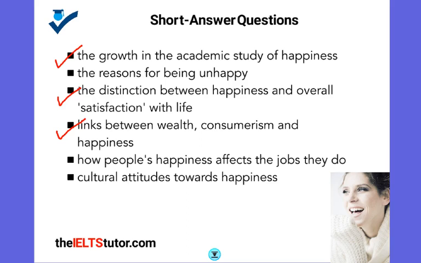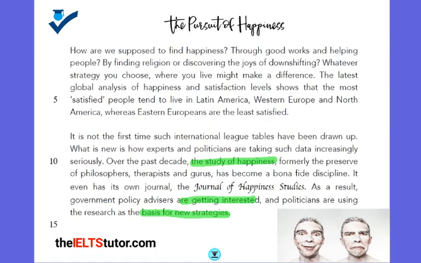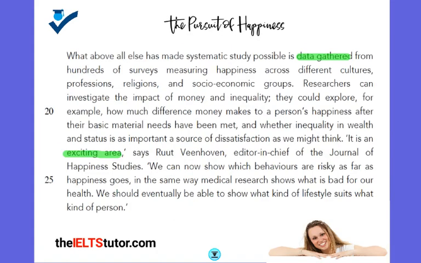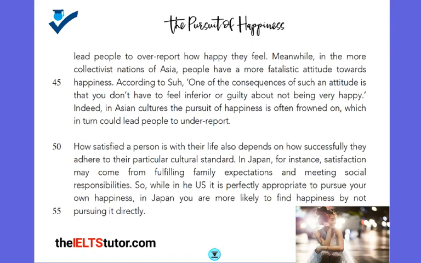So, going back to the passage, if you go down further to paragraph 6, so we've got paragraph 3, 4, 5, and 6 and 7. I think paragraph 6 starts at line 50. Links between wealth, consumerism, and happiness.